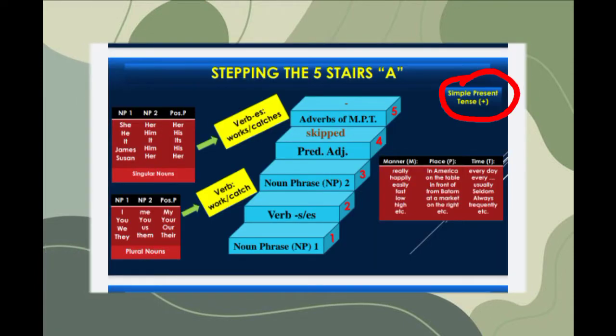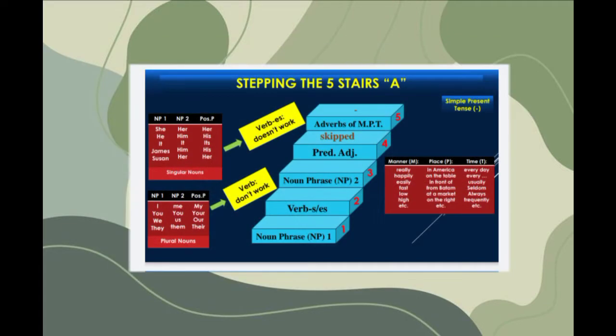Okay, so if we use a singular noun, the end of the verb uses s or es. And for simple present tense negative, if we use a singular noun, we use doesn't, and if we use plural nouns, the verb uses don't.